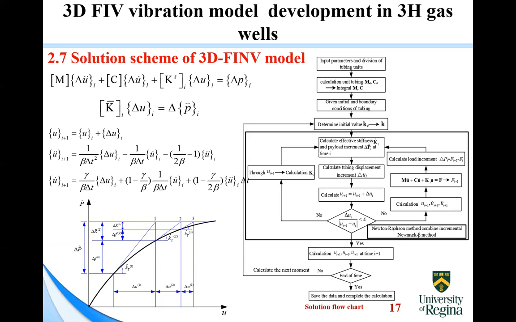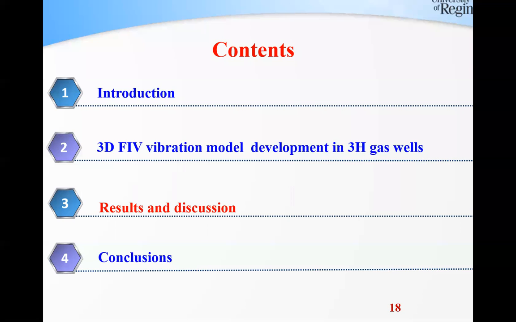So we should use the Newton-Raphson method combined with the incremental Newmark beta method. The solution flow chart can be expressed by this picture. Next, according to the Fortran language, we can write the code to calculate the vibration of the tube string.